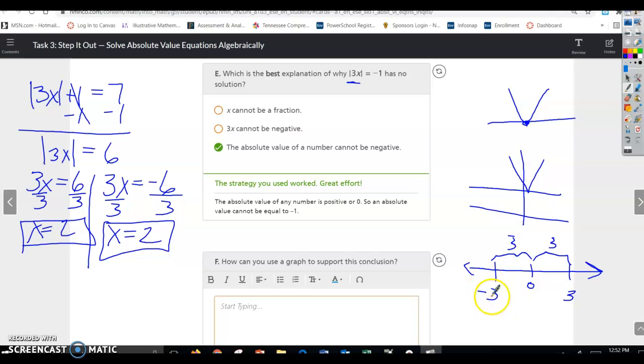So that would be the absolute value, and this would be the absolute value of 3. But they're both going to equal positive 3. So an absolute value cannot be a negative number. If you have any questions, please let me know.